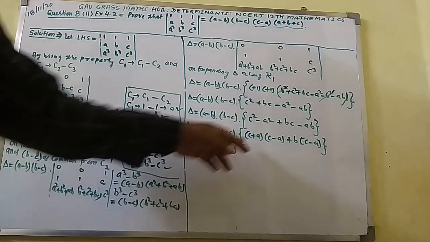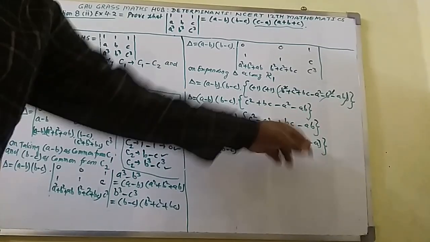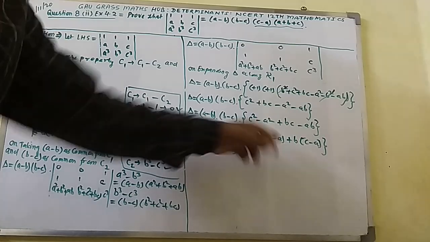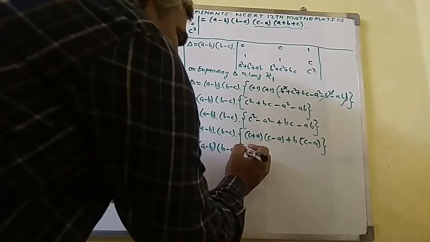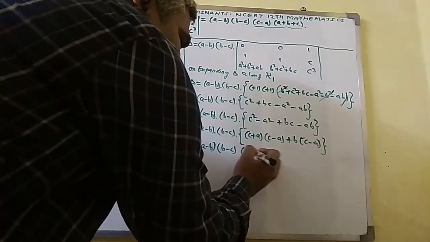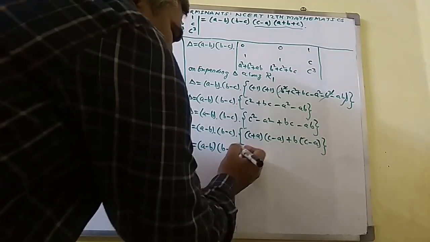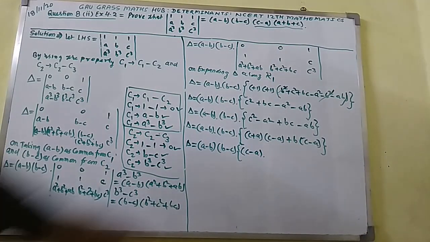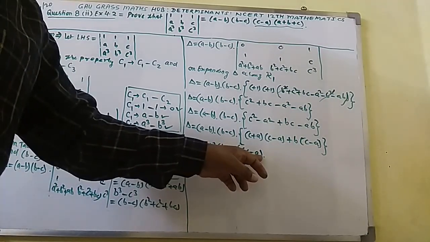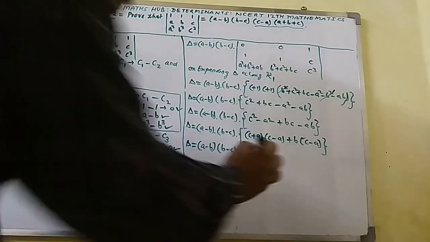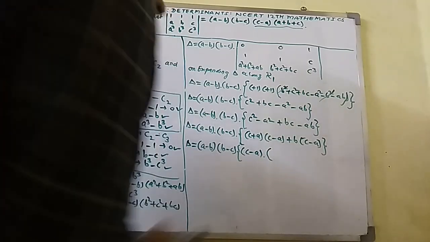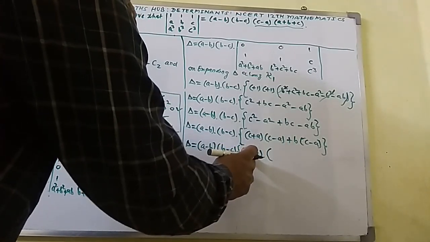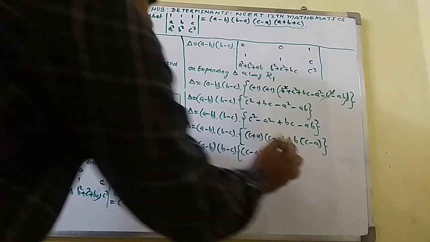Now here, this is the first term, this is the second term. If you take common here, c minus a, here I shall take common c minus a. If you take common c minus a, just open here curly bracket. You take common c minus a. In another bracket you will get very well. C minus a has been taken as a common c minus a here. So here you will get c plus a.